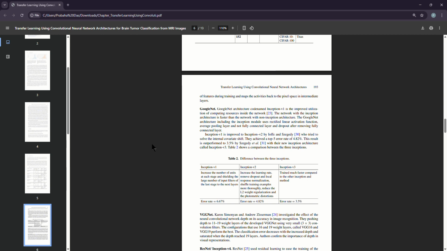GoogleNet, which introduced the Inception module, improved efficiency by using different kernel sizes in parallel. It also reduces computational cost while maintaining accuracy.